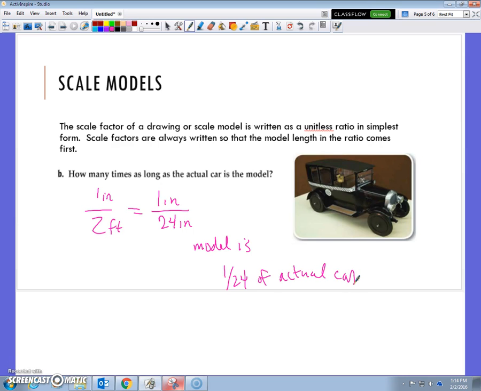The scale factor is 1 to 2, and that's fine, but if we're figuring out for certain how big the model is compared to the actual original, we need common units to make that comparison. Okay, that's it for today. Pretty straightforward, and then we've got a test coming up.